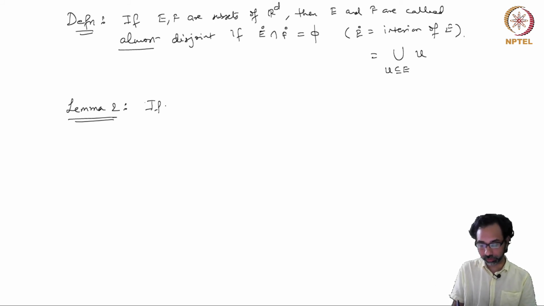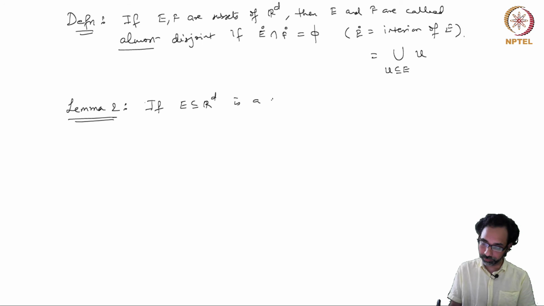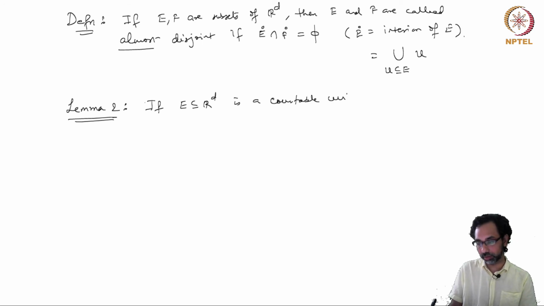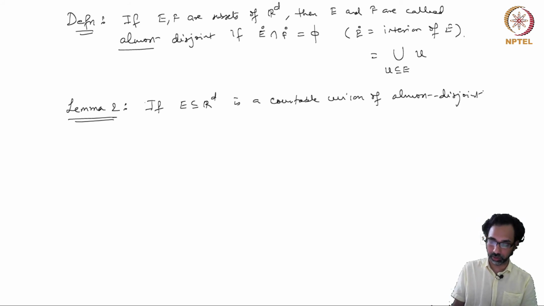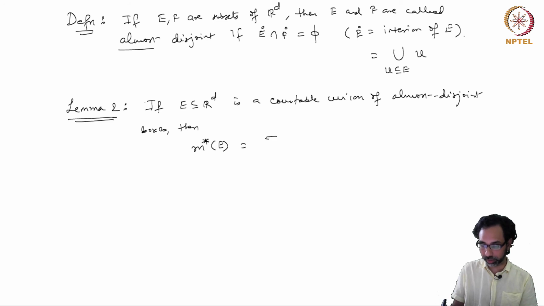If E is a subset of Rd that is a countable union of almost disjoint boxes, then the Lebesgue outer measure is given by the sum.